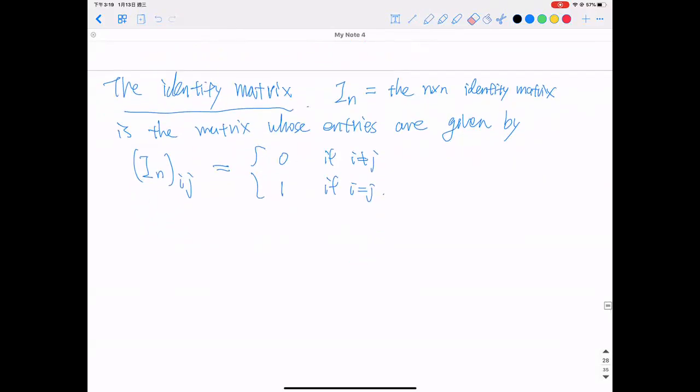So, to put it differently, if we try to write the whole thing, you'll be looking at this matrix: 1, 0 everywhere else; 0, 1, 0 everywhere else; 0, 0, 1, 0, 0, and down to here, finally a 1.